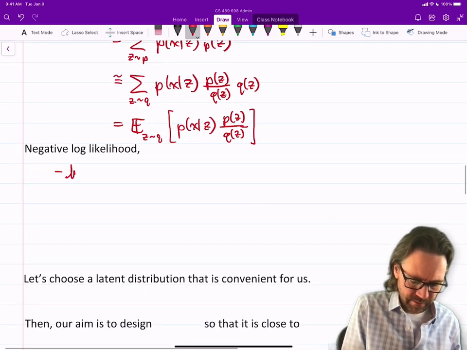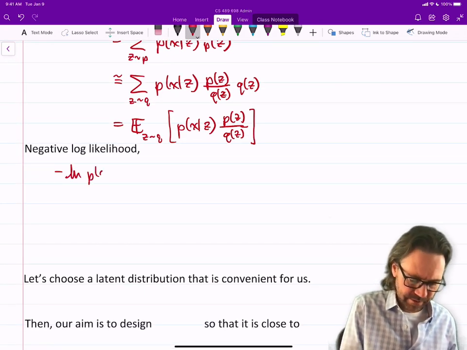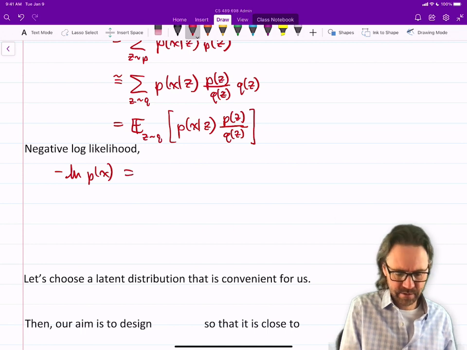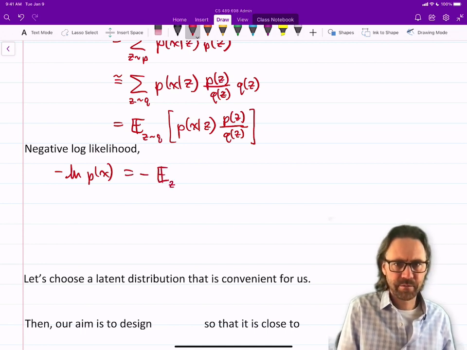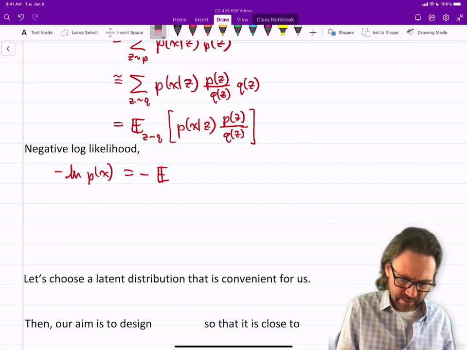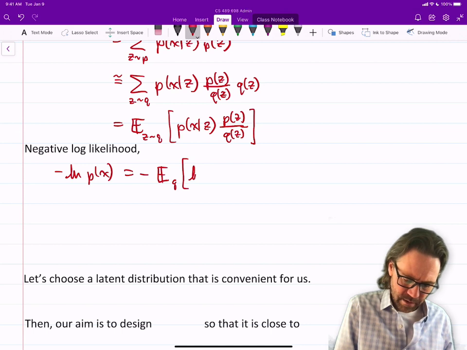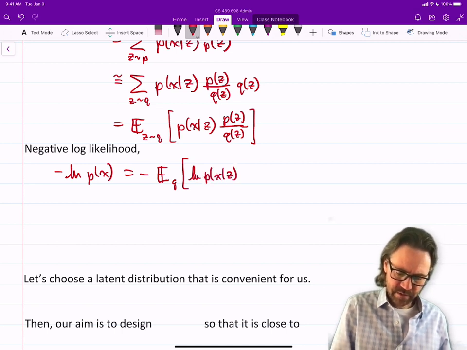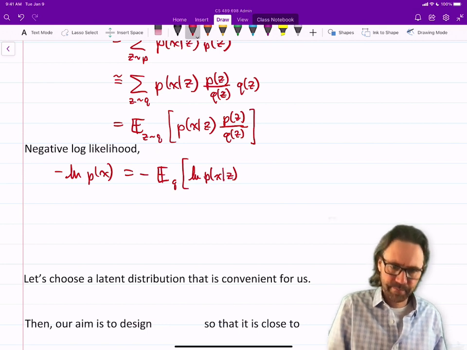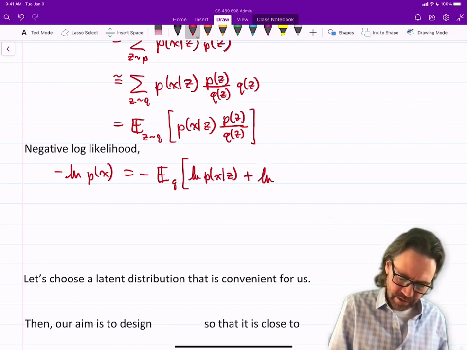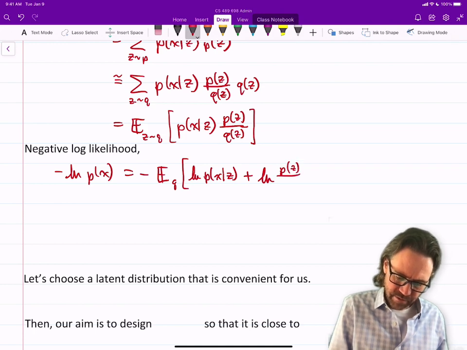So negative log P of X is negative the expectation, I'm just going to write it like this, over Q of log P of X given Z, plus log of P of Z over Q of Z.